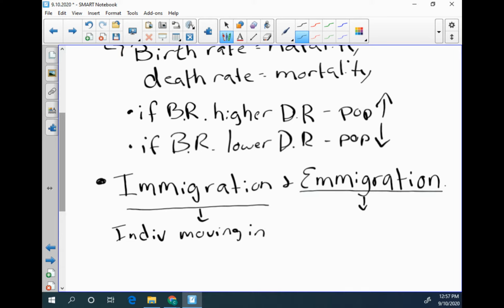Emigration are individuals moving out. Think I for moving in. Think E for exit.